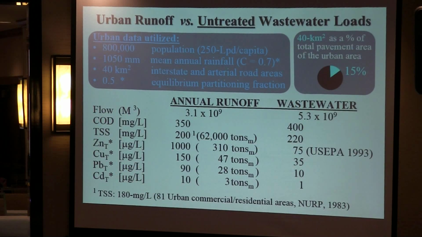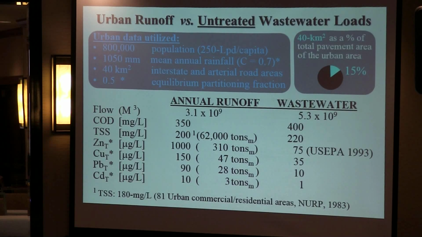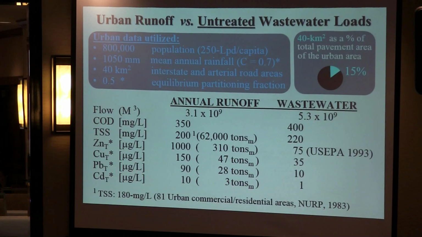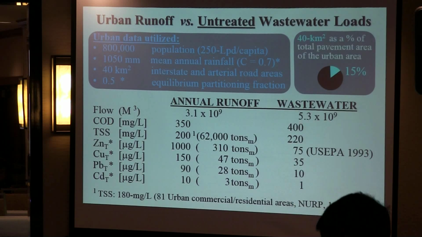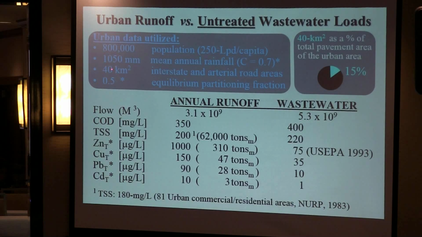So, how large is the problem? Let me compare it to something we're all familiar with. We've all been trained on the wastewater side, but maybe not so familiar with the urban stormwater side. This particular city is a Midwestern city in the USA, population of 800,000, mean annual rainfall of roughly 1,000 millimeters, and the area that I'm comparing is 40 square kilometers of pavement.